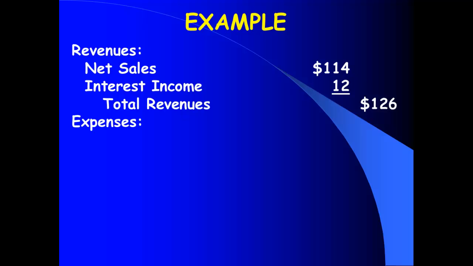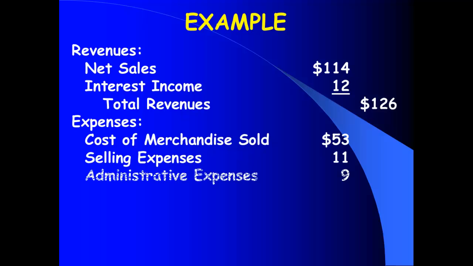Expenses. Tell me some expenses we had. What's the biggest expense usually for a merchandiser? Cost of merchandise sold. Good. And then my other two major categories of expenses are what? Selling and administrative. Good. Again, condensed version. I'm leaving out the details. I'm not showing how I calculated total selling expenses or how I calculated total admin expenses. I'm just putting the totals there.